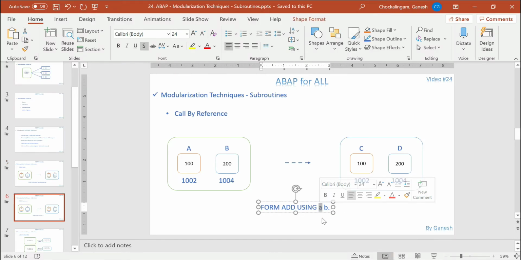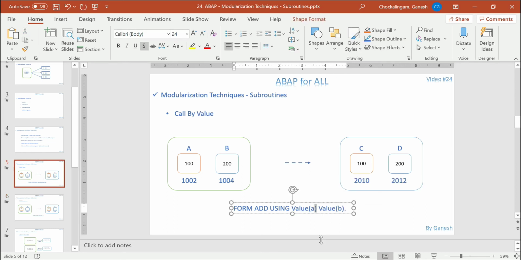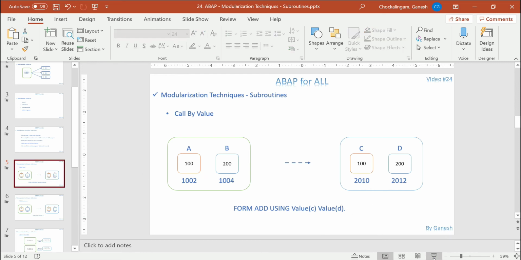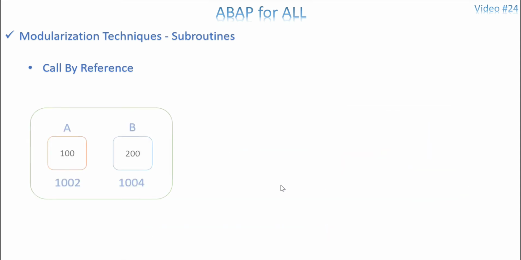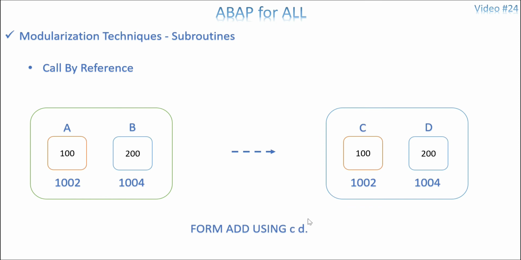Let's go with the same one: C, D, VALUE of C, and VALUE of D, for the formal parameters. So the syntax is like this: VALUE of C or D. You can have the same variable names, that doesn't make any difference, but for your reference I used different variable names in the actual and formal parameters.